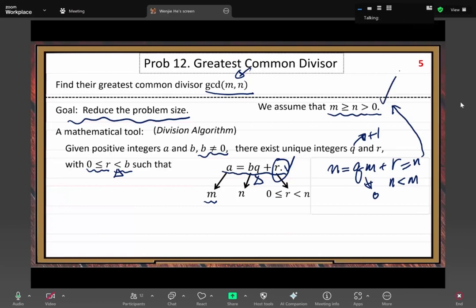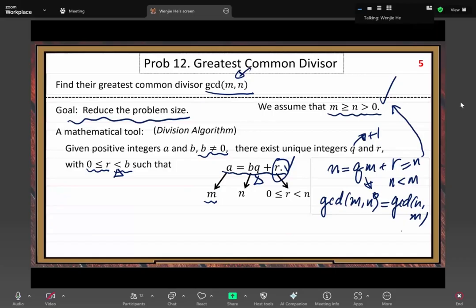In your implementation, you can do that easily, right? You swap. Because we know GCD(m, n) always equals GCD(n, m), so if you swap these two parameters, you get the same answer. So you can always swap to make the larger parameter the first parameter and the smaller parameter the second parameter.